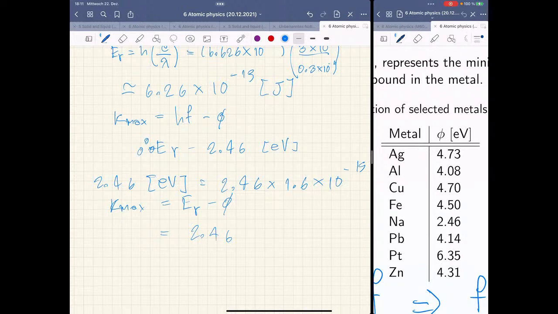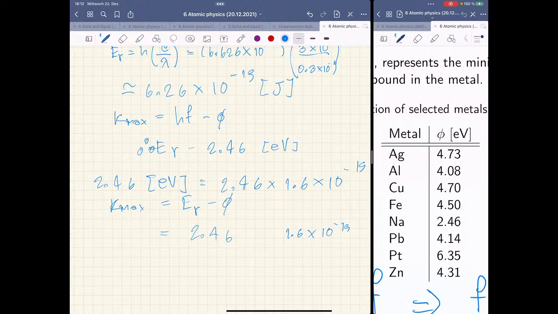But for us, we need 2.46 eV, that's the photon energy from the source, right? 2.46 electron volts, which is this one, right? 1.6 times 10 to negative 19.